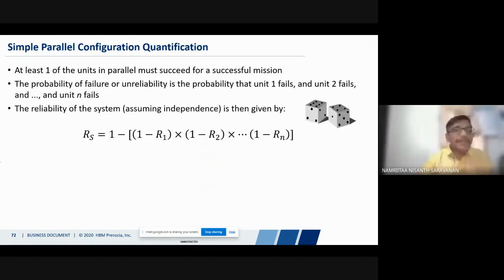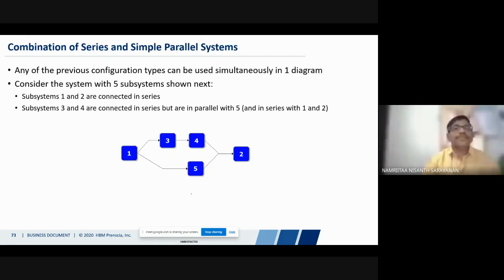In simple parallel calculation, the mathematics is something like this: 1 minus the reliability of component 1, that is, the unreliability, multiplied by the unreliability of component 2, something like that. The calculation behind that uses this equation.